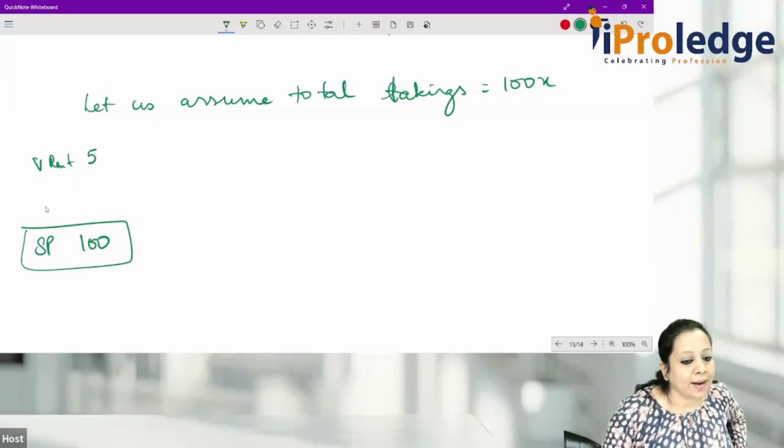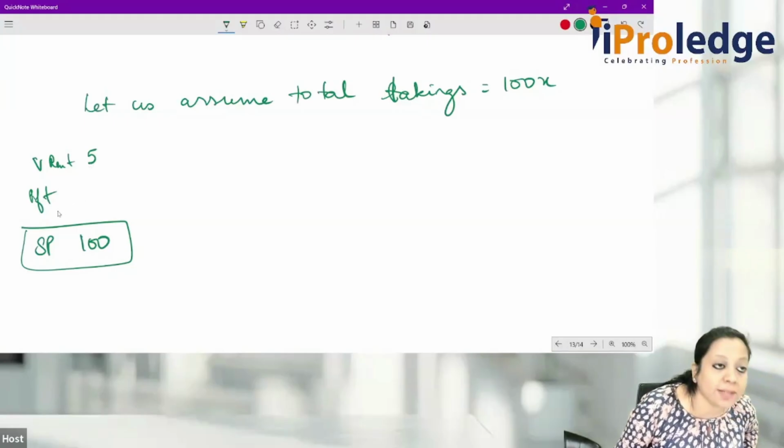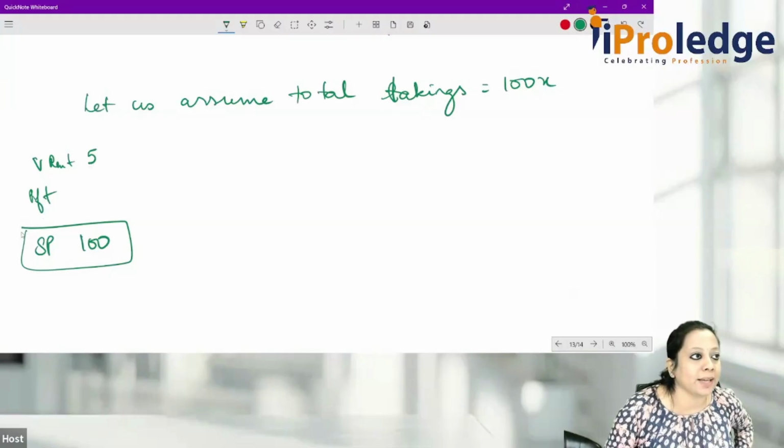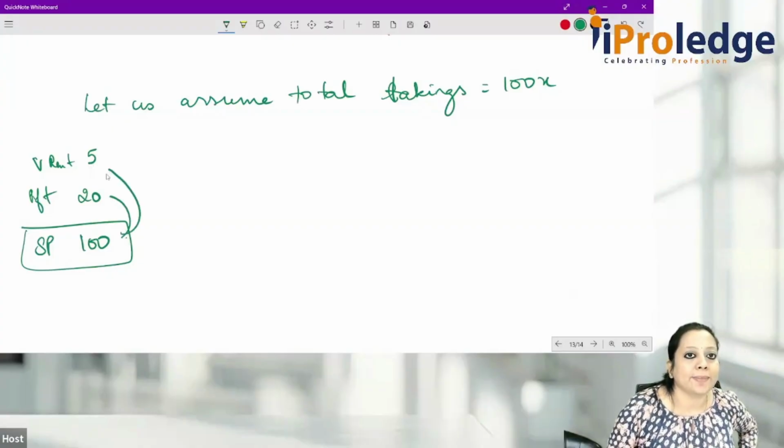And the profit will be what? They have given the profit. Provide a profit at 20% on takings. Last line of the question. Can you all see? Provide the profit at 20%. So profit is also going to be on this. That is why I have taken 100x. I've assumed the takings to be 100x.